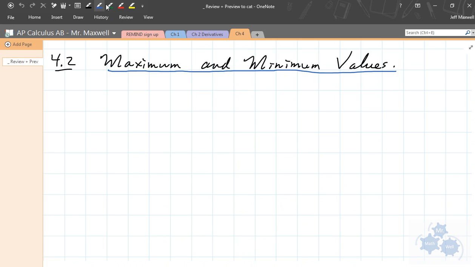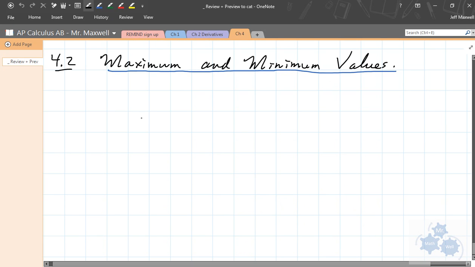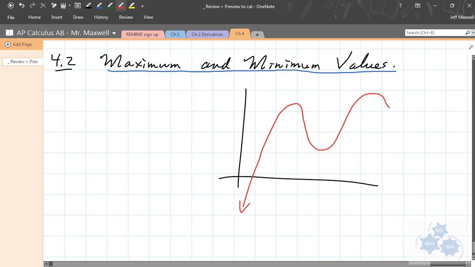So if we go back to our notes, I'll just draw you some random graph here, and I'm going to throw a little wrench in it. Okay, let's say this is our graph, f of x. And I say, okay, where is the absolute maximum here?